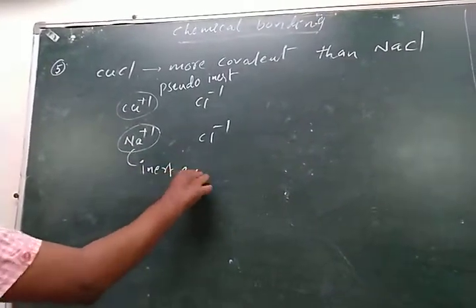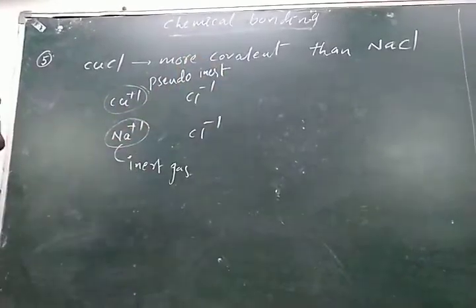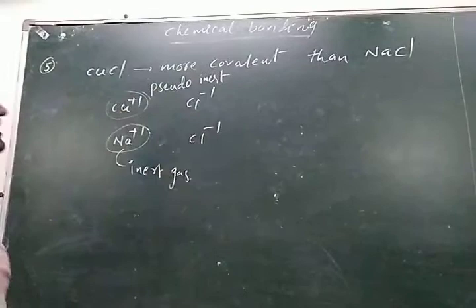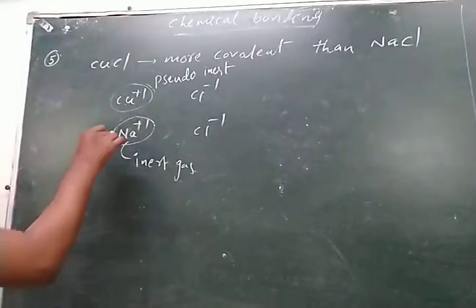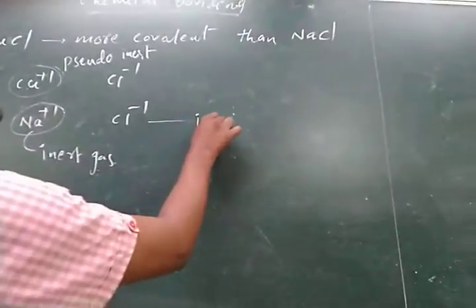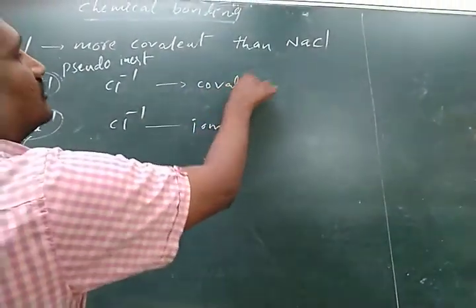Generally, the cation with pseudo inert gas configuration is more covalent. The cation with inert gas configuration is more ionic. So this is more ionic, this is more covalent.